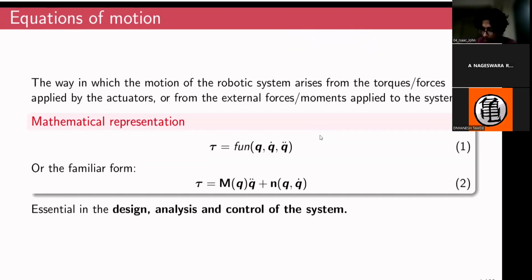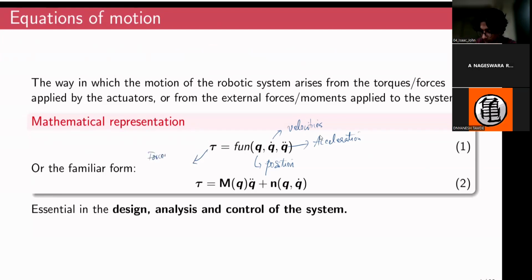So the dynamic equation, or the mathematical representation of a dynamical system, can be represented using this function, which is essentially a mapping between the trajectory coordinates or the trajectory variables, where q would be the position coordinates, q dot is the velocity, and q double dot is the acceleration, and tau would be the generalized vector of forces and torques.